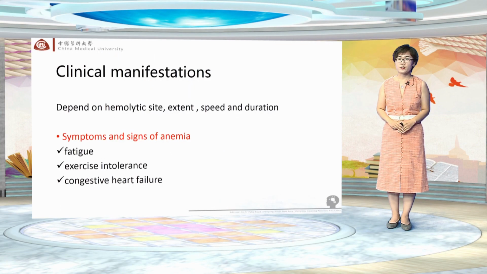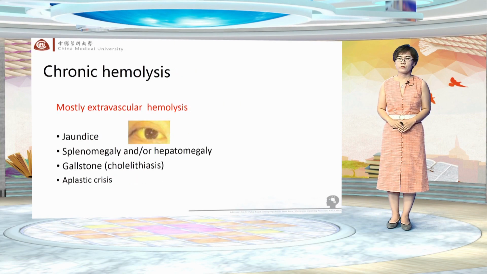Clinical manifestations of hemolytic anemia depend on hemolytic site, extent, speed, and duration. Symptoms and signs of anemia are universal, such as fatigue, exercise intolerance, and congestive heart failure. Chronic hemolysis is mostly extravascular.